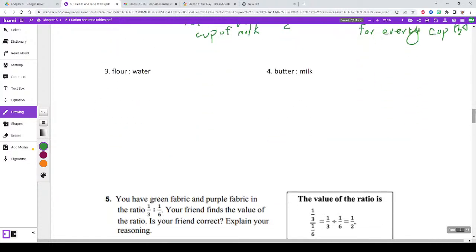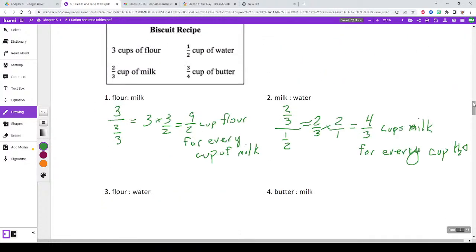Whoops, flour to water. So flour is 3, water is half cup. So we're going to go 3 times the reciprocal of 1/2, which is 2, so that's 6. So that's 6 cups flour for every cup water.